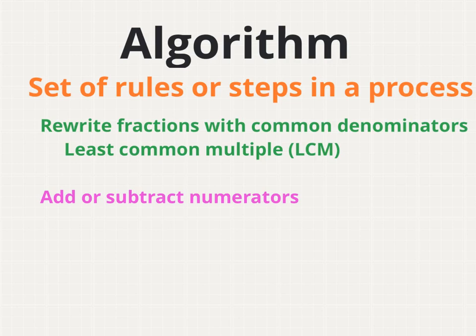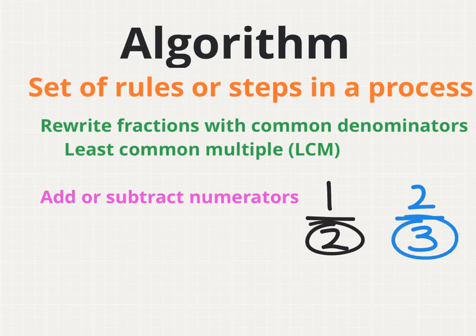The first step in this algorithm is to rewrite their fractions with common denominators. So when we had fractions like 1/2 and 2/3, we needed to find common denominators. 2 and 3 are totally different denominators. And the way we did it was by searching for the least common multiple.